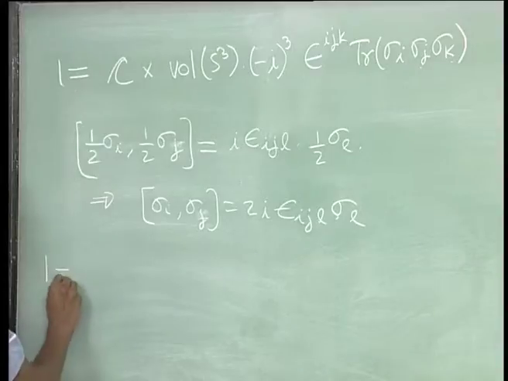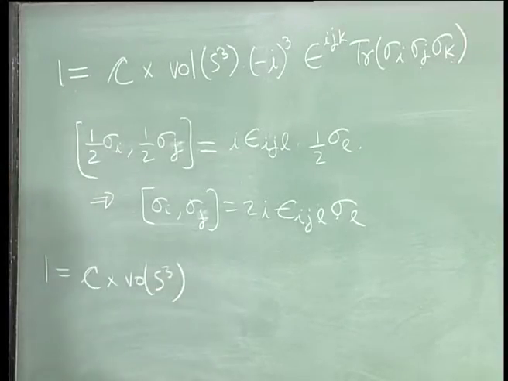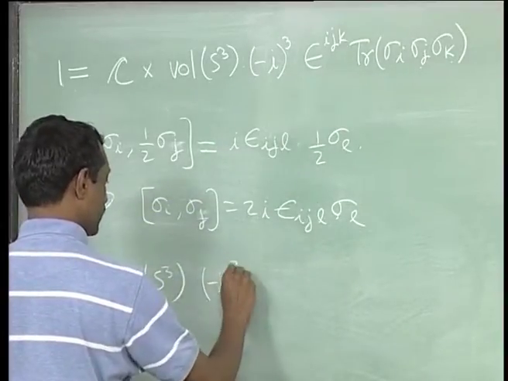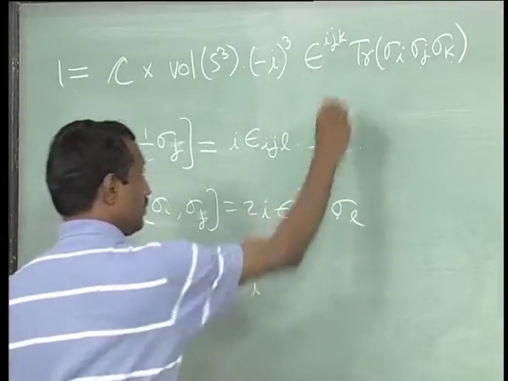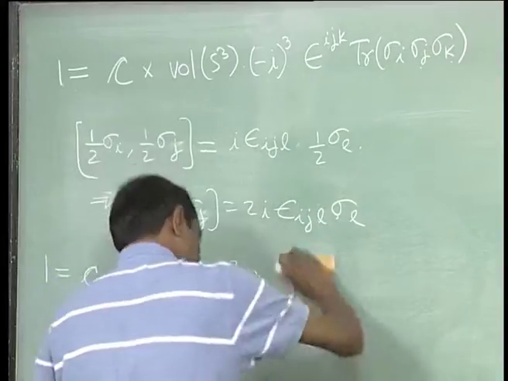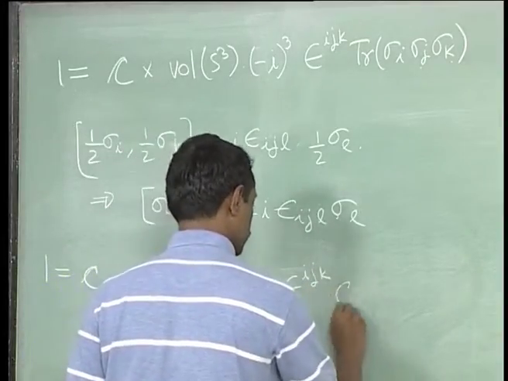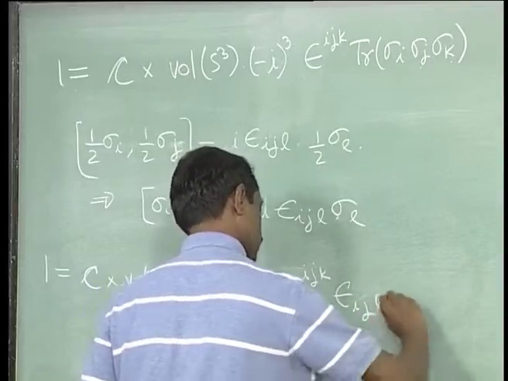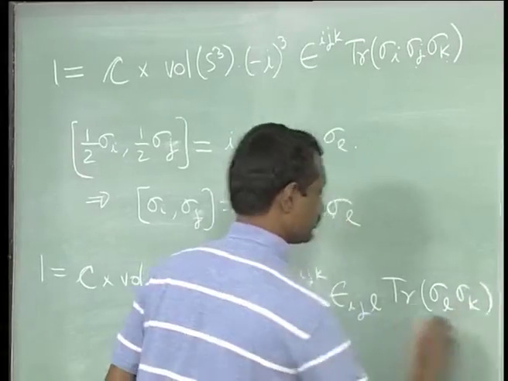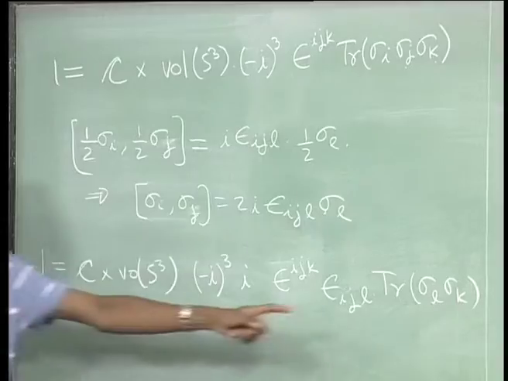So n1 equals C times the volume of S3, times, then you get an i out of here, so it is minus this thing into i times the trace, and this is equal to 2 delta_Lk.